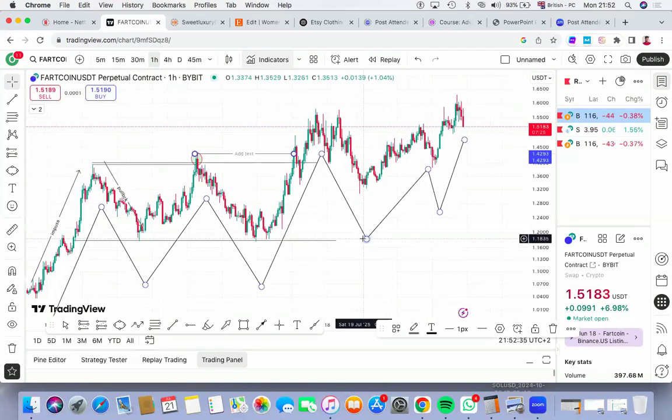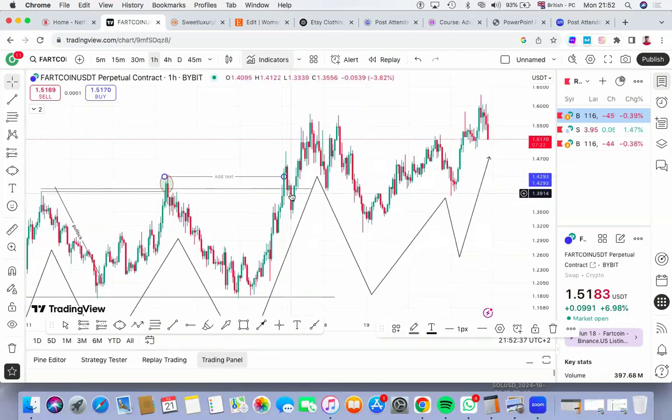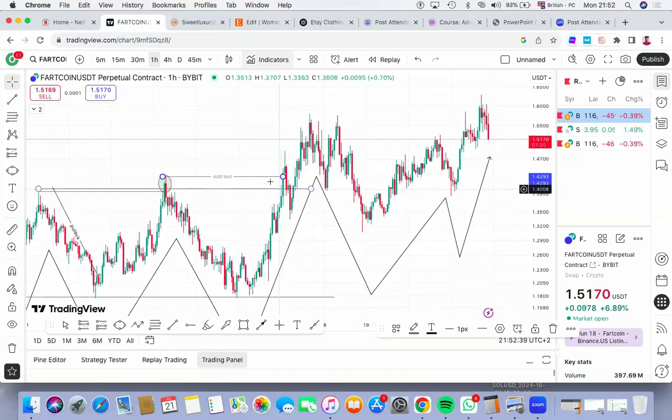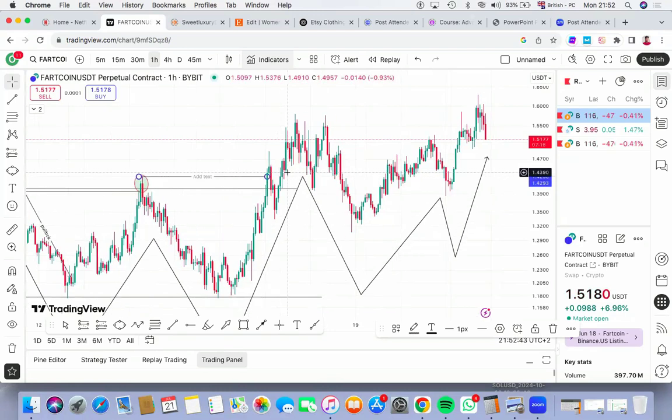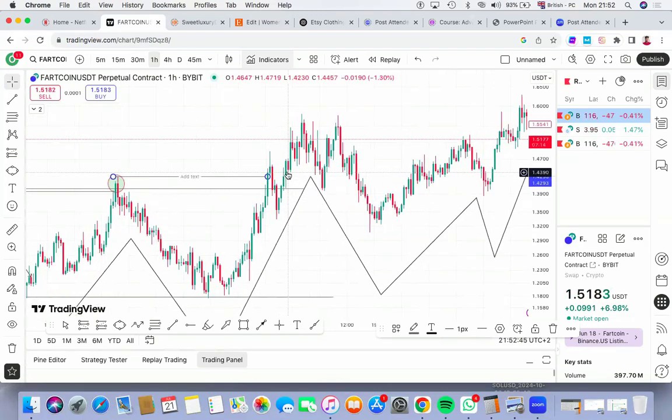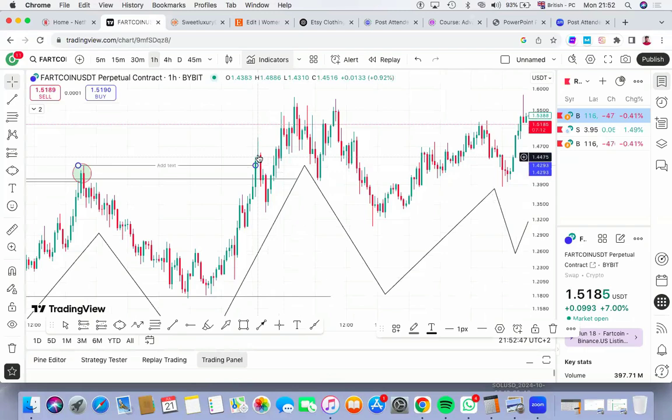So in fact, if you see from here, once this market broke this high here, there were at least two candles that closed above this area.